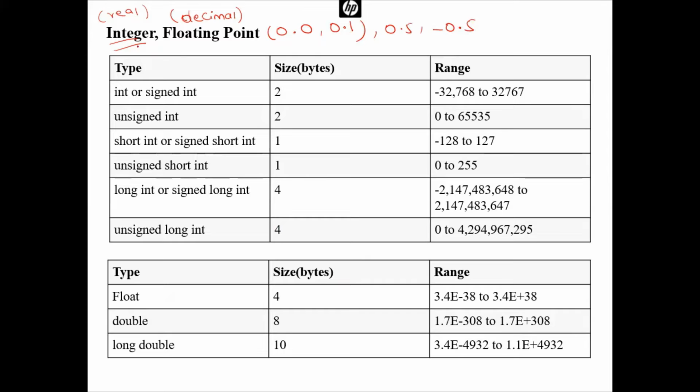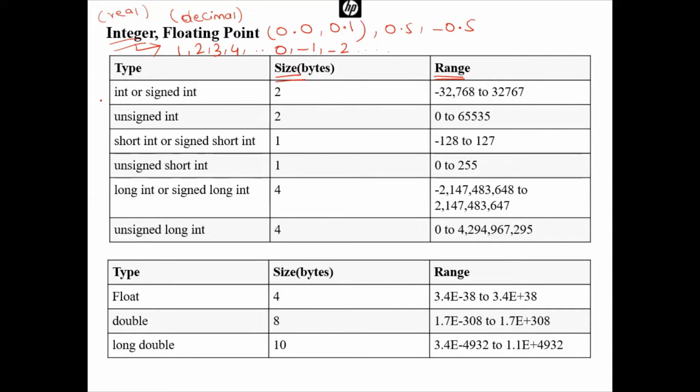Integers are real numbers 1, 2, 3, 4, or 0, -1, -2. It will keep on going, but based on the size, it will stop. So based on the size, there will be ranges.